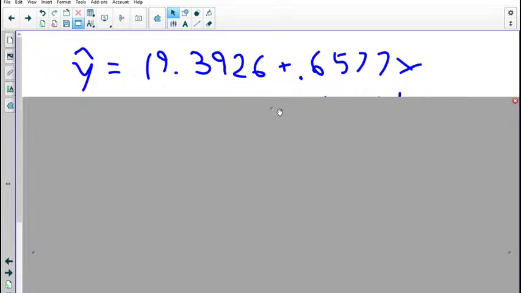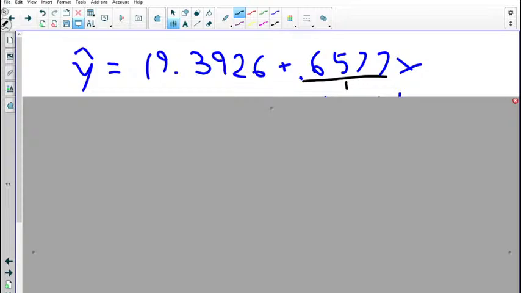Up a certain amount and, well, this could be 0.6577 over 1. So that would tell me to go what direction? To the right. So this is to the right. Up 0.6577 and to the right 1. That would be my directions to go.